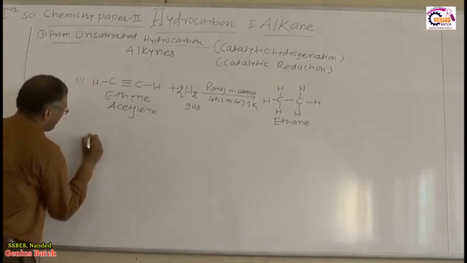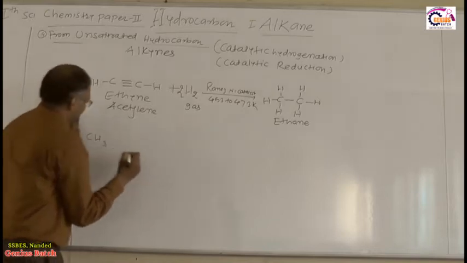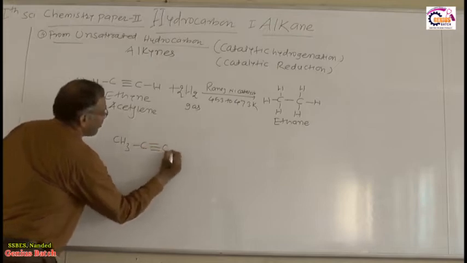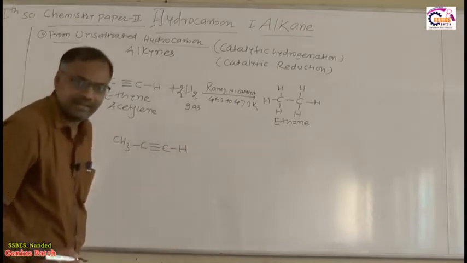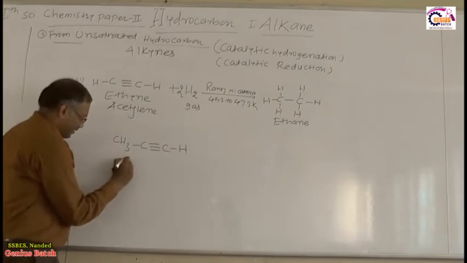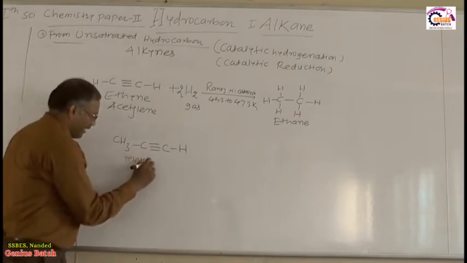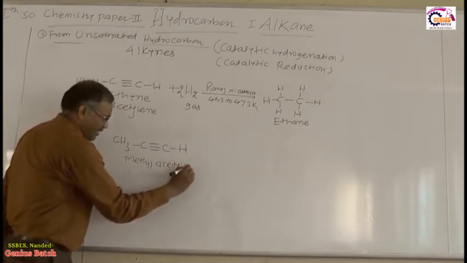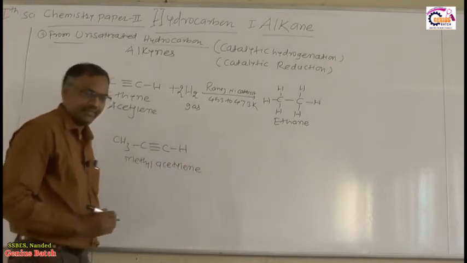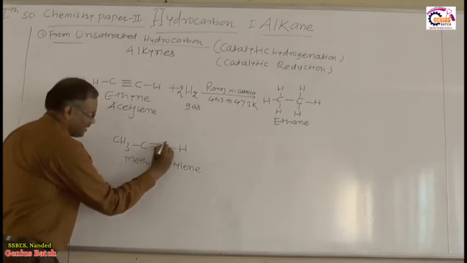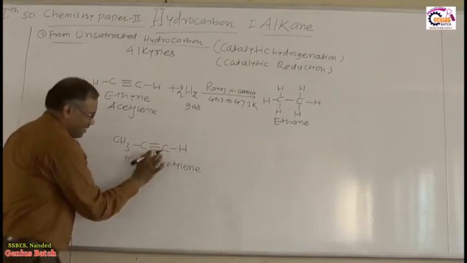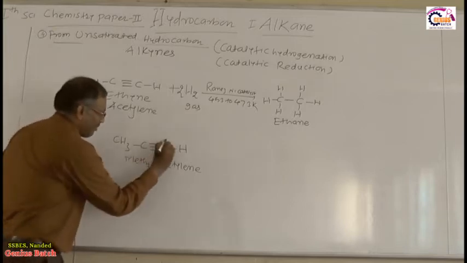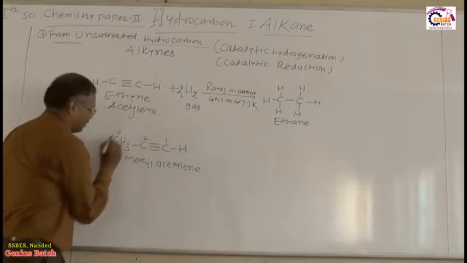Now let us see the second example. Instead of this hydrogen, if I have added the methyl group, so this is CH3, carbon triple bond carbon hydrogen, right? So what is the common name? What is the name of this alkyl group? Methyl, carbon triple bond carbon. This is called acetylene. So the common name will be methyl acetylene, right? IUPAC name: select the longest continuous chain of carbon atoms, where numbering should start from that end of the carbon atom which has the carbon-carbon triple bond. 1, 2, 3.